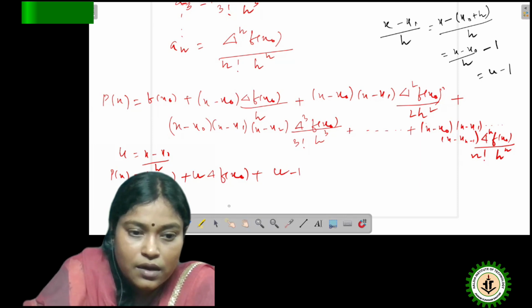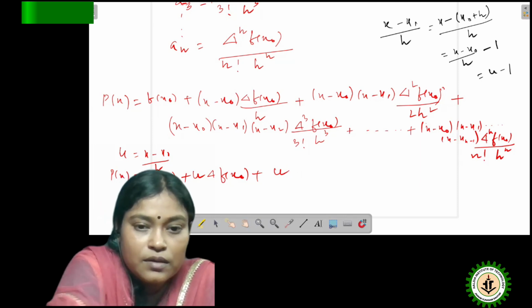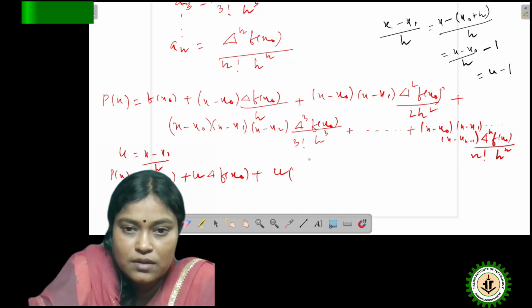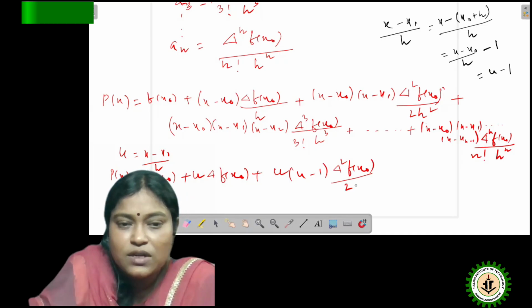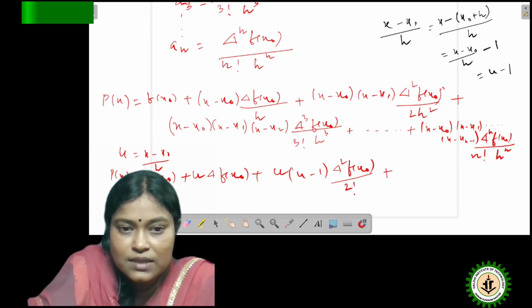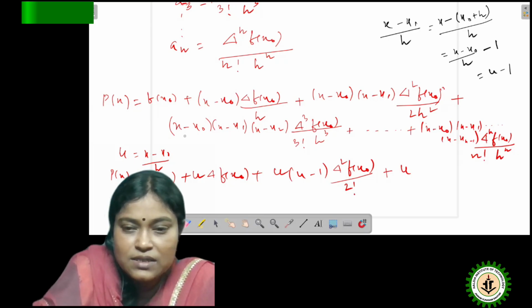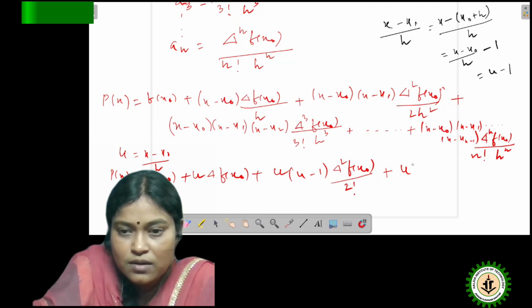Here I have u. Next, this is u, and x minus x1 by h is u minus 1. And what is remaining? Delta square f of x naught by 2, that is nothing but factorial 2. Plus, for the next, x minus x naught by h, that is u, x minus x1 by another h, that is u minus 1.